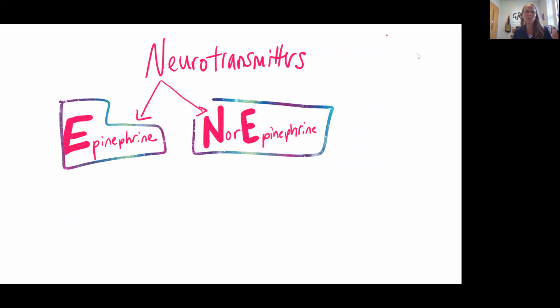Next, we need to look at our neurotransmitters. We have already described neurotransmitters as those chemical messengers that are released at a synapse, and so it's a very localized, very rapid sort of communication. Now, when we're talking about the sympathetic division, the primary neurotransmitters involved are epinephrine, abbreviated capital E, and norepinephrine, abbreviated NE.